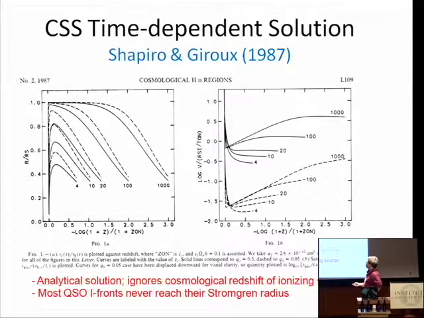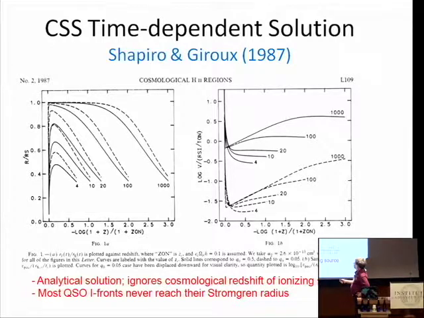This is the radius of the I front divided by the Stromgren radius versus log of the redshift divided by the redshift when the source switched on. And 0 to 1 would mean the I front has gone to the Stromgren radius. But in general, solutions never achieve that. They increase and then they fall off.